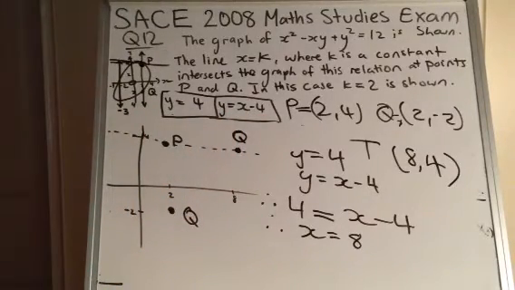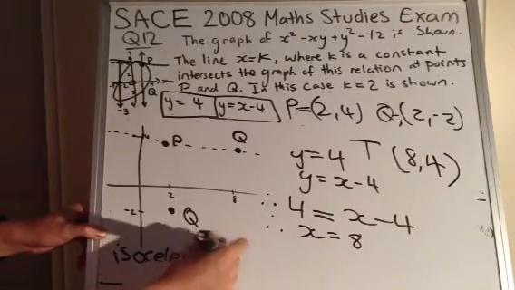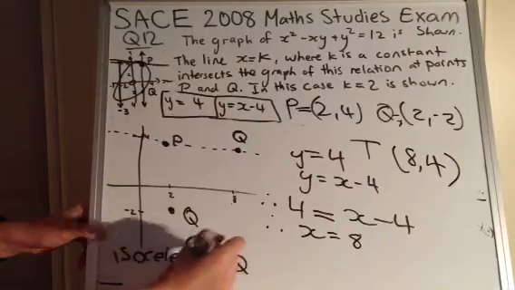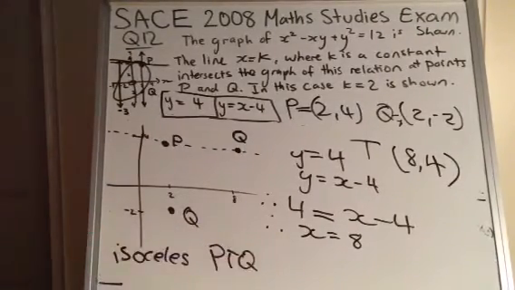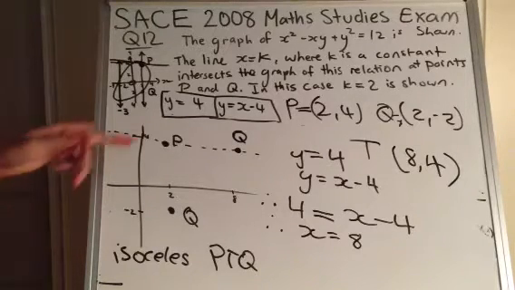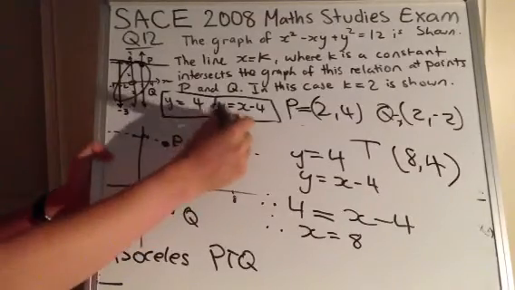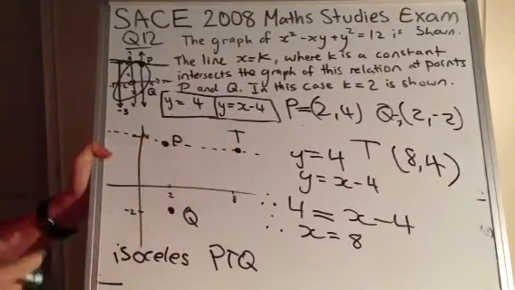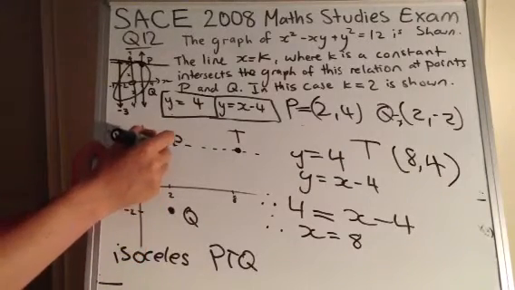Okay, and now we need to prove that this is an isosceles triangle. So I need to prove that PTQ is an isosceles triangle. And in order to do this, we just survey the distance between P and T, and P and Q. Okay, so this is at y equals 4, and that's at y equals -2.